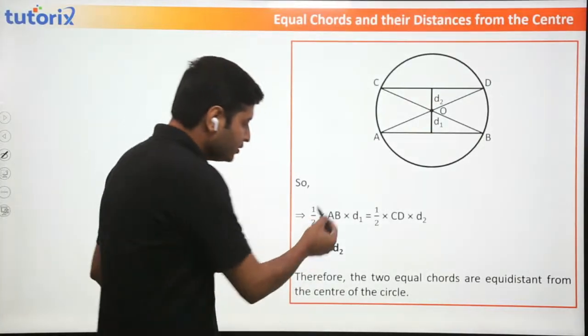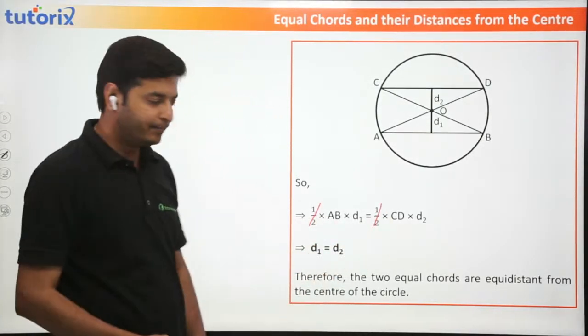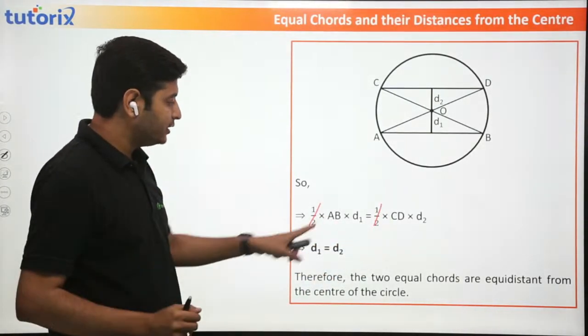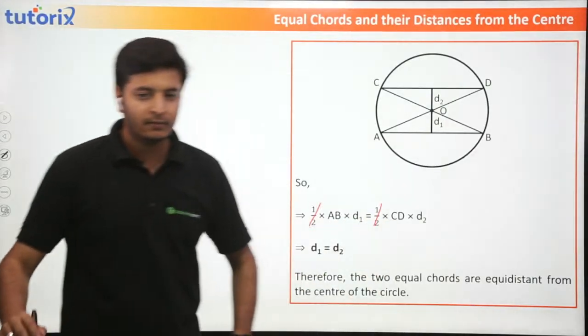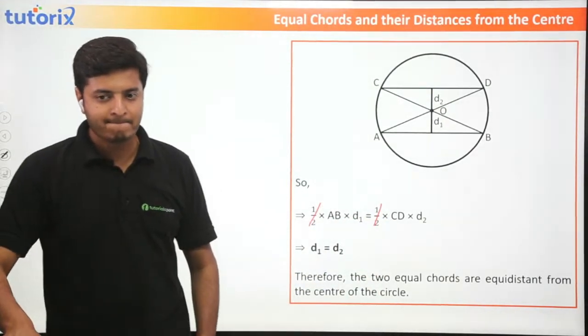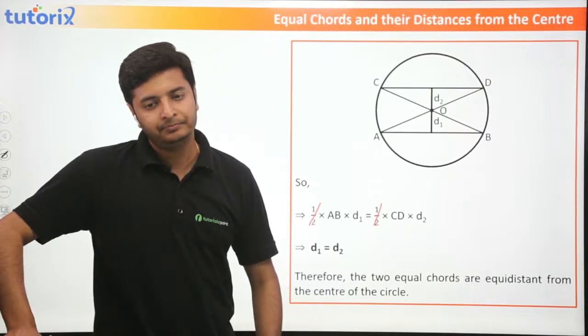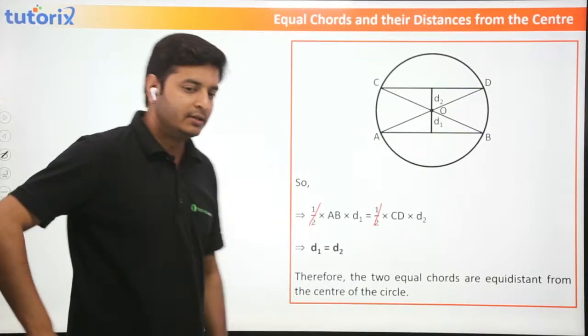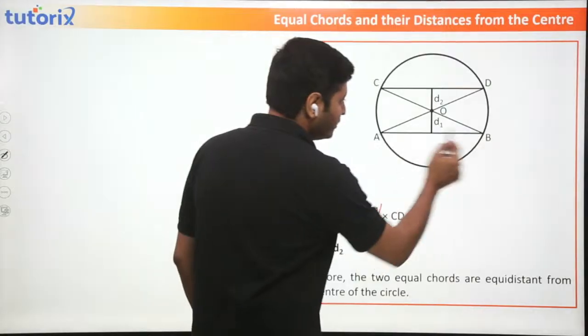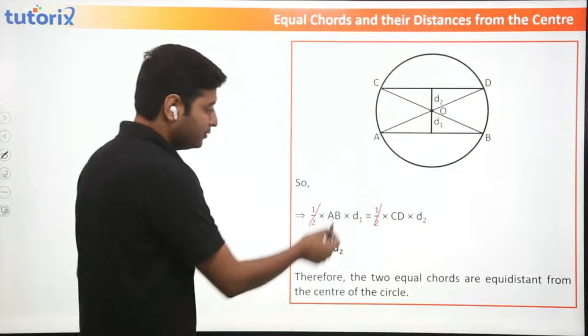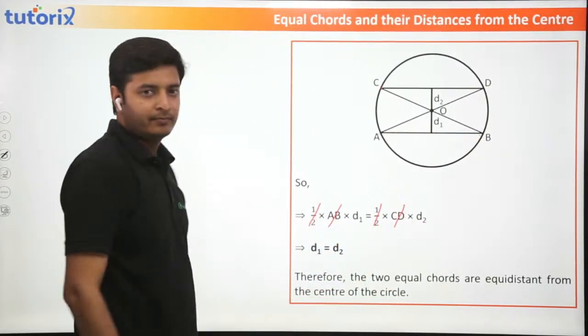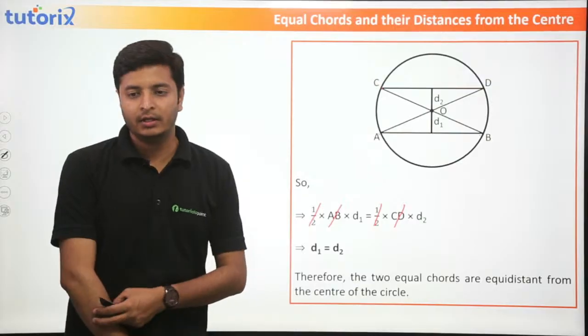If we are equating, half and half can cancel each other. Now, let me ask you one thing. Can we cancel AB and CD? Yes, because it is given that these two chords are equal. It is already given, no?